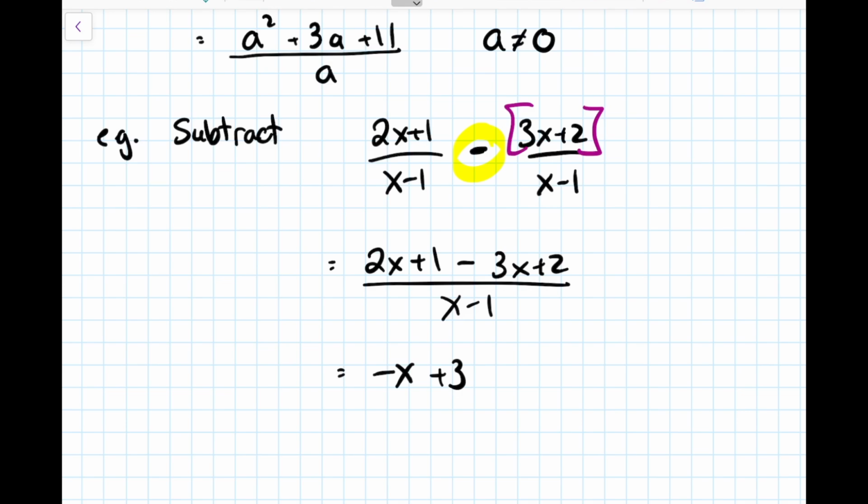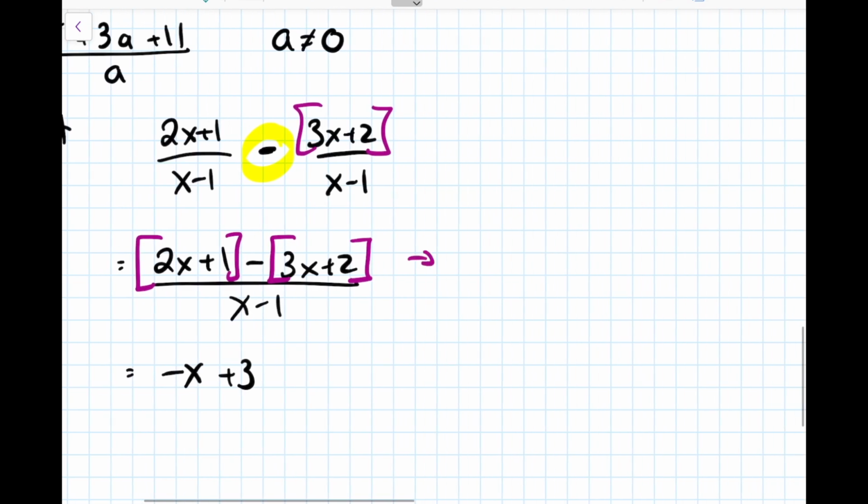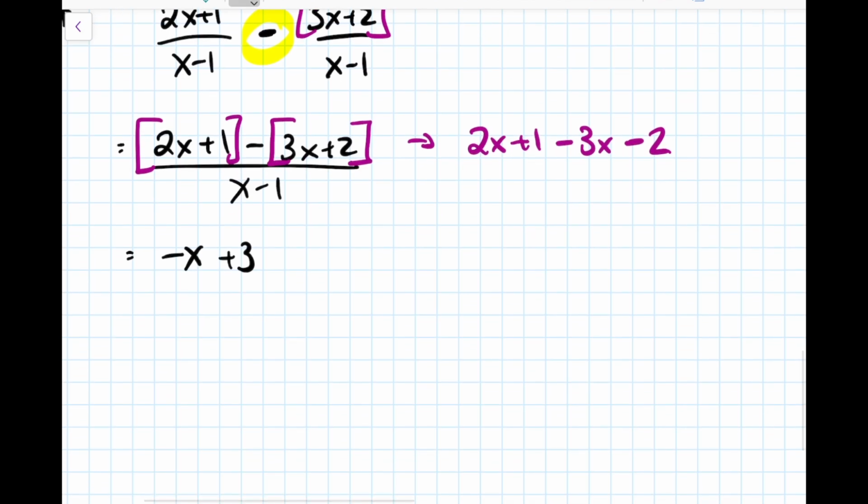So when we are subtracting here, we are subtracting this entire second set of terms. And so that means we are doing 2x plus 1 minus 3x plus 2. So what this turns into is 2x plus 1 minus 3x and minus 2. So you've got to remember to subtract everything in your second fraction, in your second term. So this shouldn't be negative x plus 3.